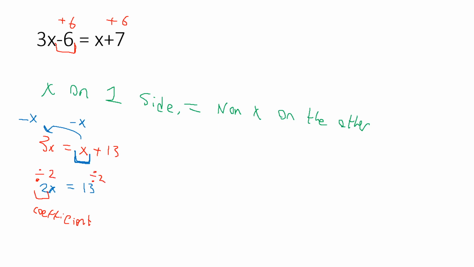So therefore, what's 2 divided by 2? 2 divided by 2 is just going to be equal to 1. And 13 over 2 is just going to be equal to 13 over 2. You can write it like this, or you can say it's 6.5. It doesn't matter which way you want to put it. And so therefore, our final answer, x is equal to 6.5.